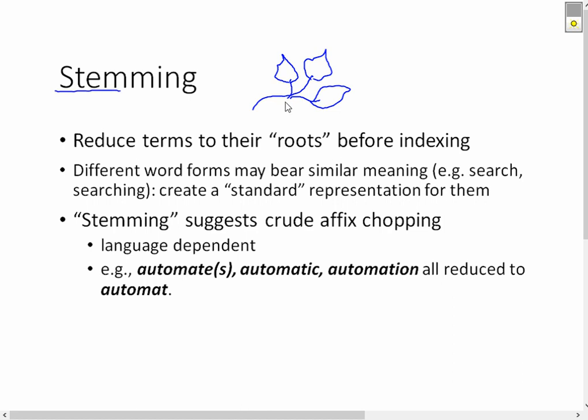And so the idea behind stemming is to get down to the basic thing, the root, if you would. Get rid of all the extraneous information and try to get it down to the most basic concept. That's essentially what stemming is all about. It's all about taking terms and reducing them to their roots before we add them to the index.